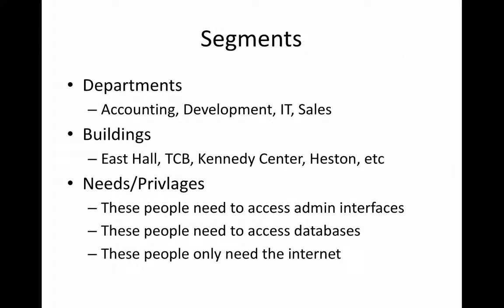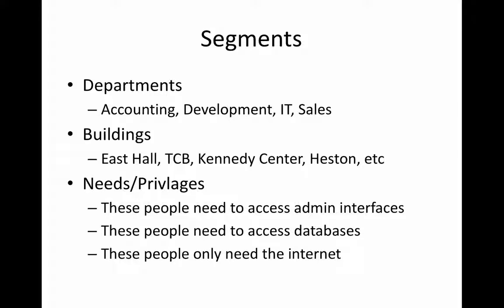The decisions of how we actually decide to segment stuff is always, I don't know, it depends, right? Some places will do network segments based on department. So if you are a developer, all of the developers in this organization are on one particular subnet or one particular VLAN, or accounting, stuff like that.